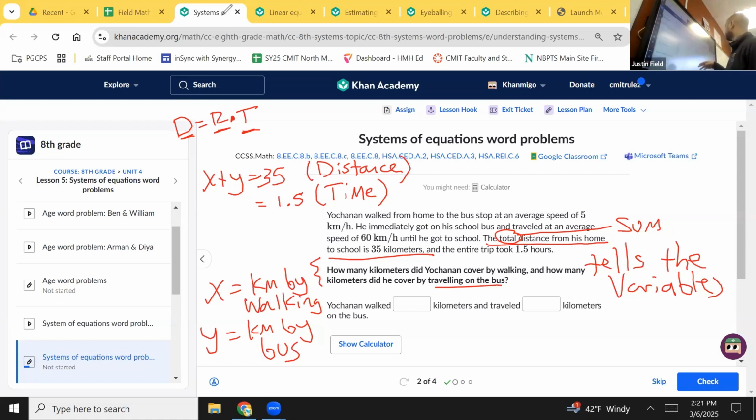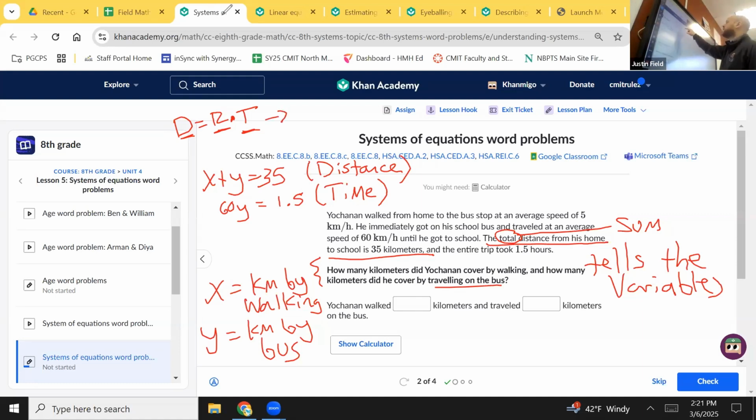Okay, so if we know they traveled 60 kilometers per hour, then what are we going to write? If we write 60 times y, then that means we're multiplying 60 by the miles. That's not going to give us the total time. The total time would be given by taking the distance and dividing it by the rate.